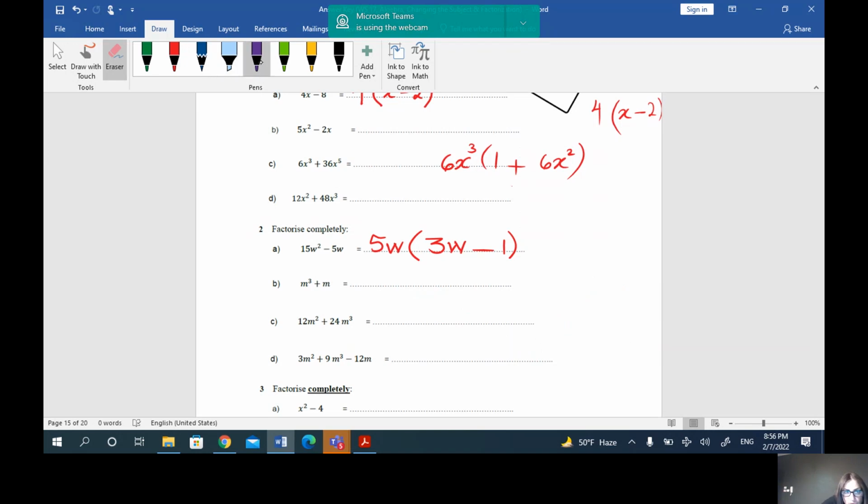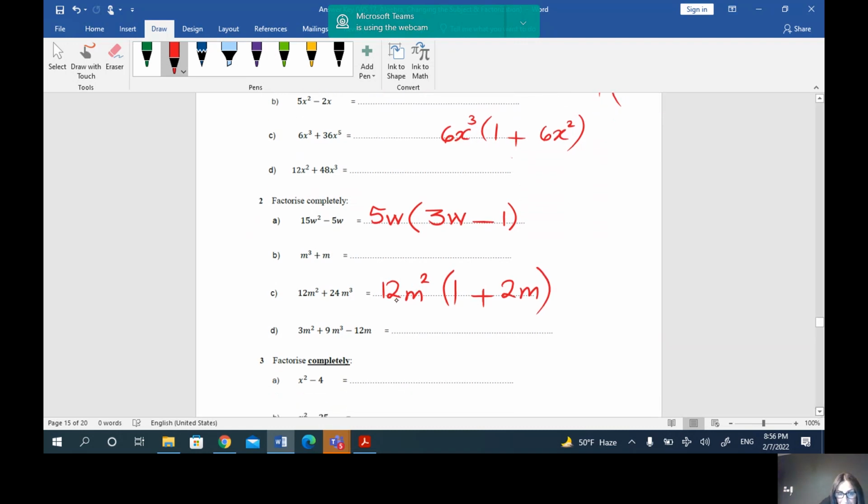Okay, let's go to this one here. 12m squared plus 12m cubic. So the 12m squared will come out. Open the bracket. 1 plus 2m. Check: 12m squared times 1 will be 12m squared. 12m squared times 2m will be 24m cubic.